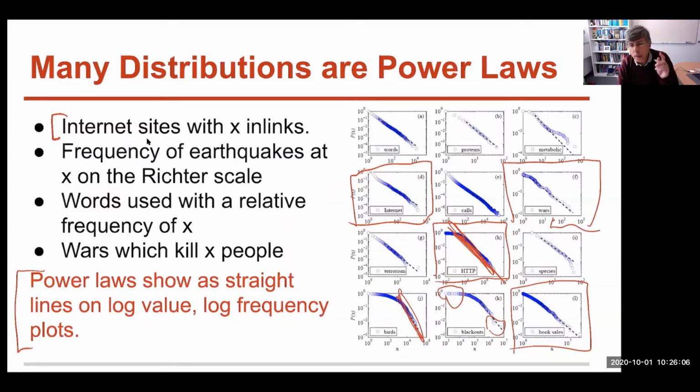Y is what fraction of wars are there that killed 10 people, 100 people, 1,000 people? When you plot violence like that, people tend to see a power law. One consequence is that wars that kill huge numbers of people are rare. But it also means that there is no upper bound, okay?